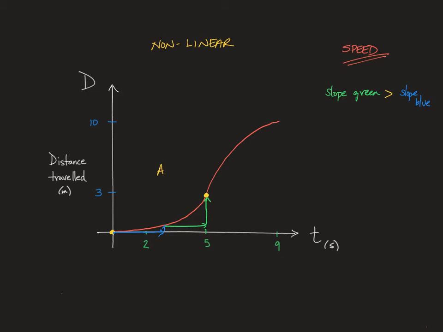Slope is speed. And so as I now examine the entire segment A, I notice that over the whole course of segment A, if the second part was faster than the first part, then my slope, which I know means speed, is increasing. And so you could make the argument that over the course of segment A, I am speeding up.